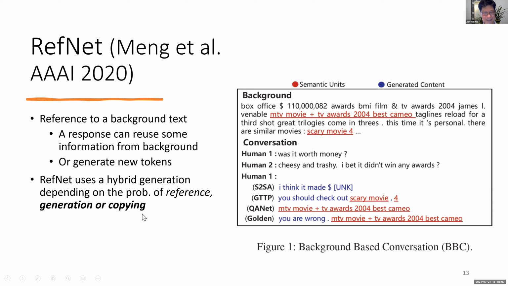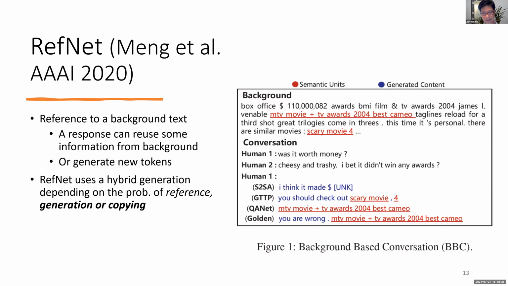Basically, what this system tries to do is to use the background knowledge, the background document, to tell the system there could be some additional words that you can select. In addition to selecting from the decoder, you can also select from the document.